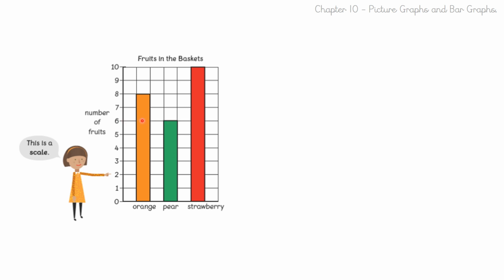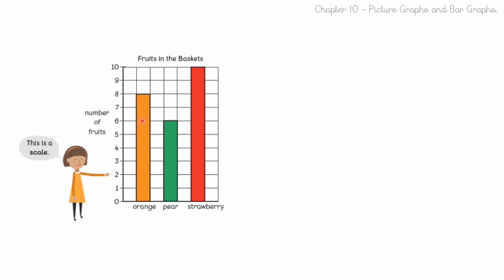Now, can we find how many more the largest group have by looking at the graph? How many more strawberries than oranges are there? What's the difference? What can we do? How many more strawberries than oranges are there?